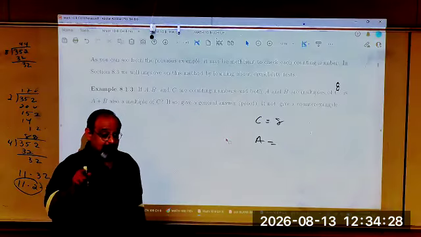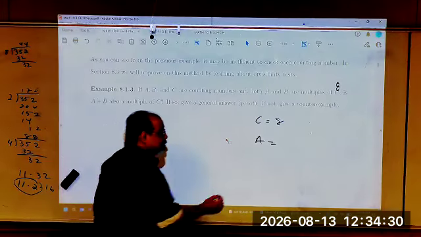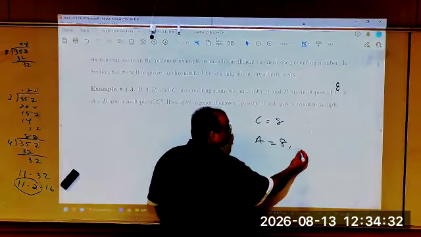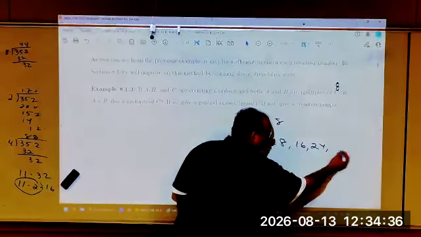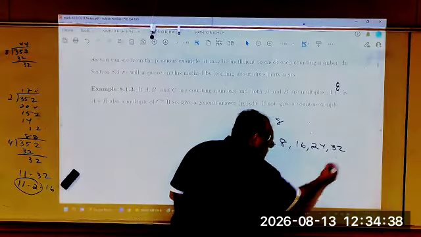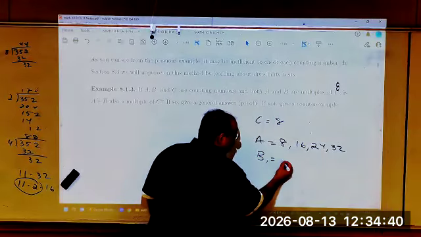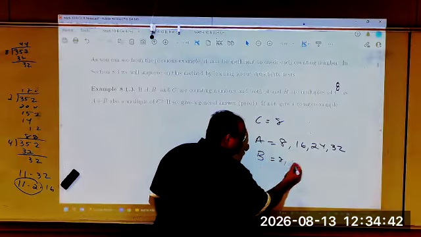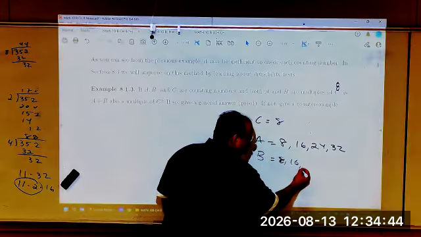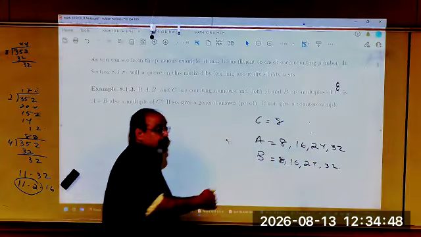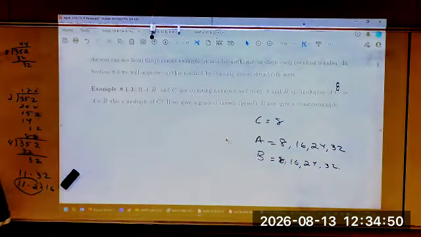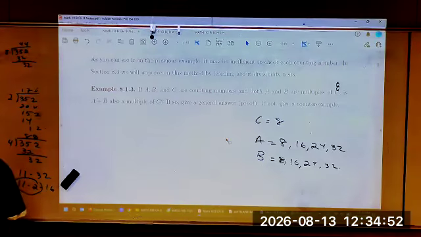That's where we get 8 or 16 or 24. Those are the multiples of 8. B could be another 8, 16, 24, 32. Multiples mean they're bigger than the original.